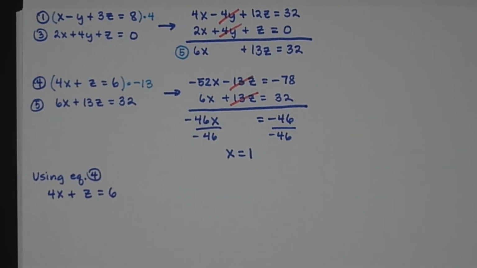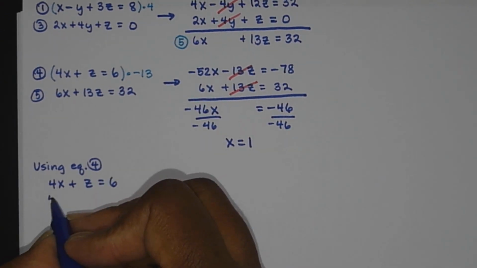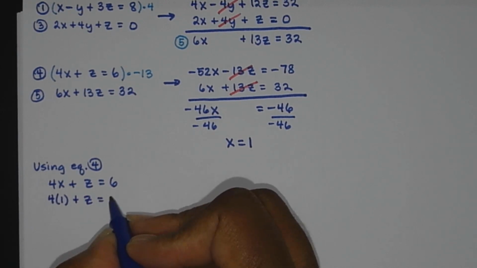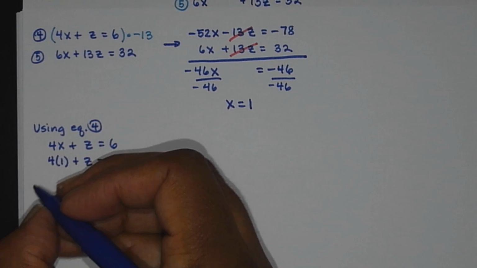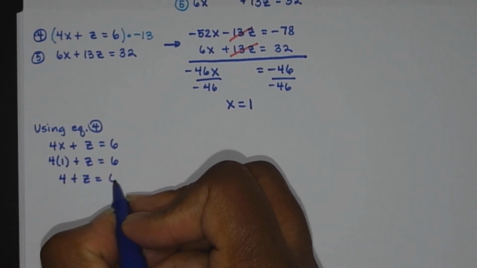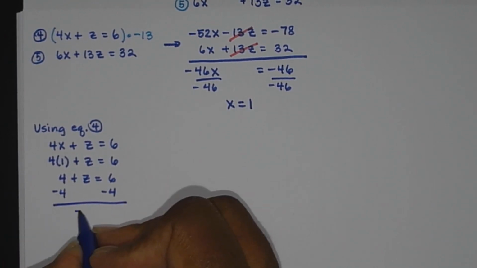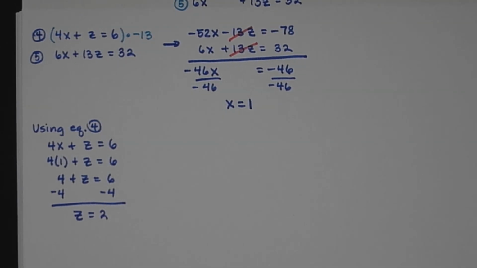Because notice I have a 1 coefficient for the z. And x is 1, so it'll be 4 times 1 plus z is equal to 6. 4 times 1 would be 4, so I have 4 plus z is equal to 6. So what must z be equal to? It has to equal 2. And x is 1, z is 2.